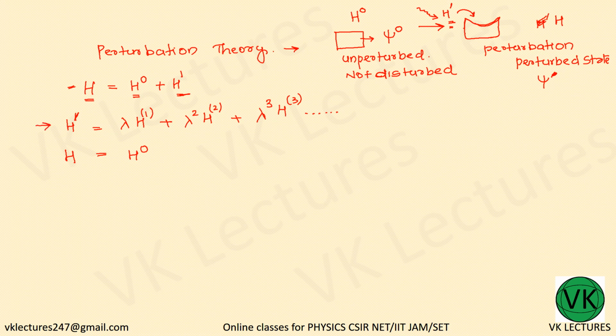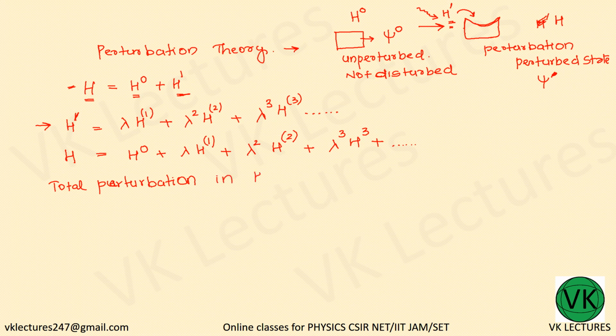We write it in terms of different order perturbations. So H equals H naught plus lambda times H1, the first order perturbation, plus lambda square H2 plus lambda cube H3 plus etc. This is the total perturbation in the Hamiltonian. The Hamiltonian is something that gives the energy of the state.